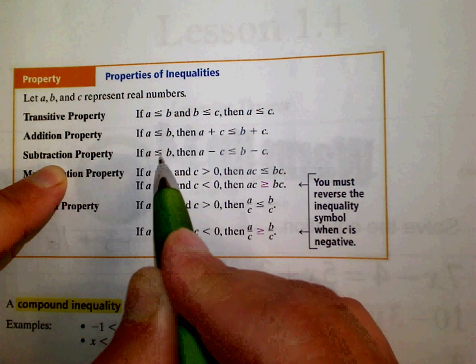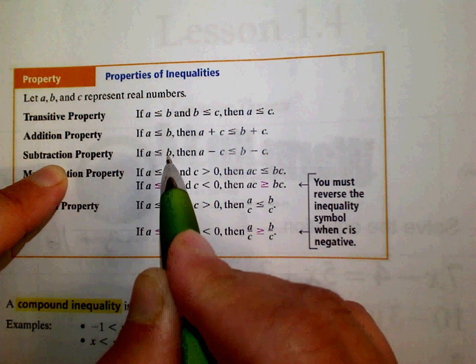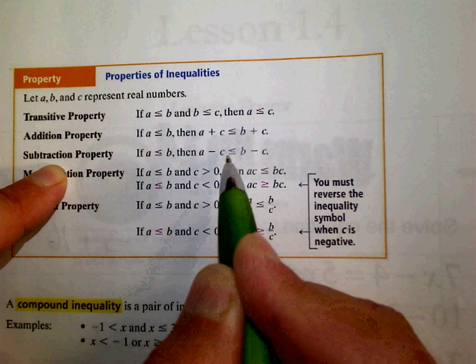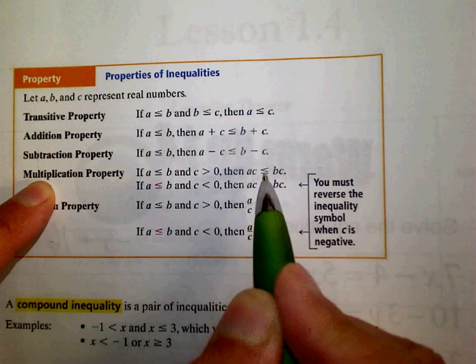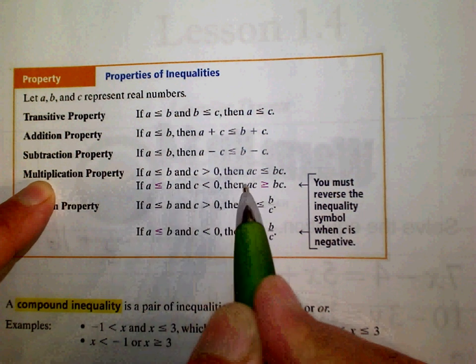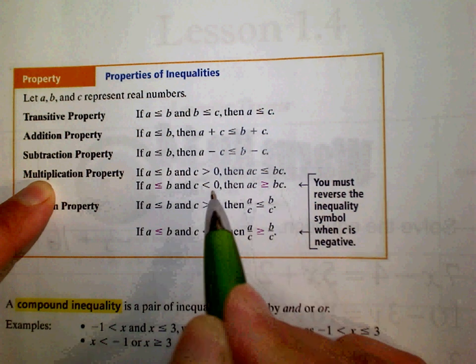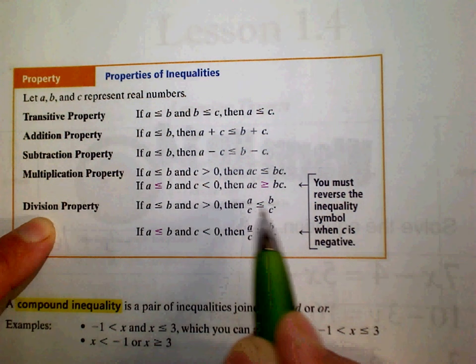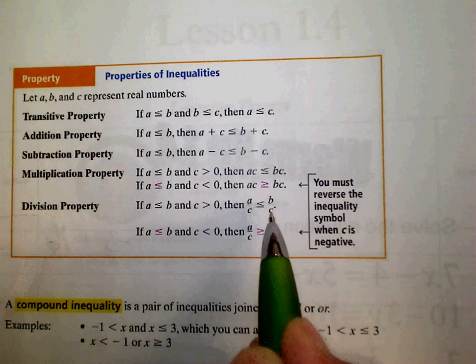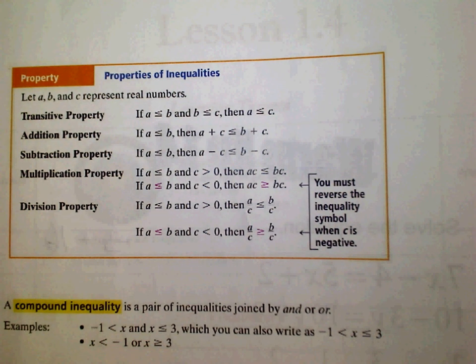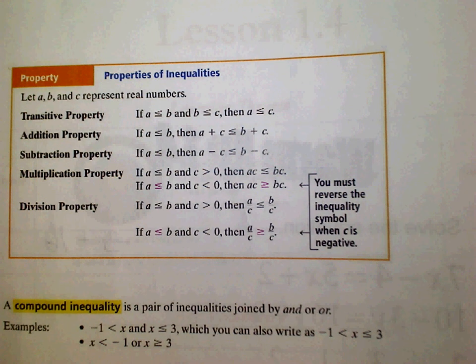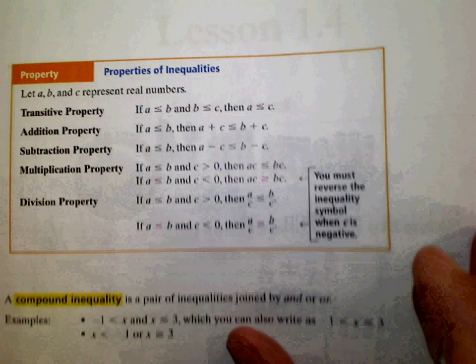You can subtract the same value C from both sides and it'll still be true. With the multiplication property, you can multiply both sides by C, and you can divide both sides by C, and it'll still be true. If you're solving equations or inequalities, as long as you do the same thing to both sides, you're good.